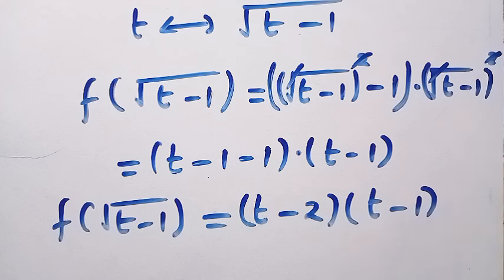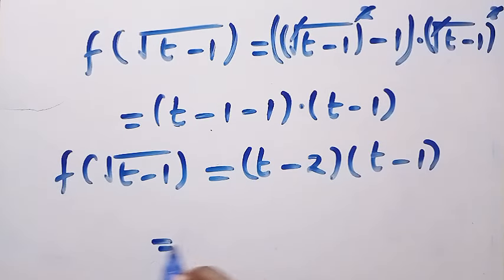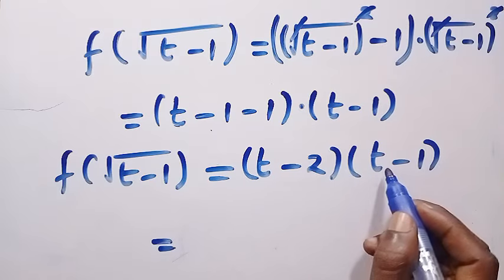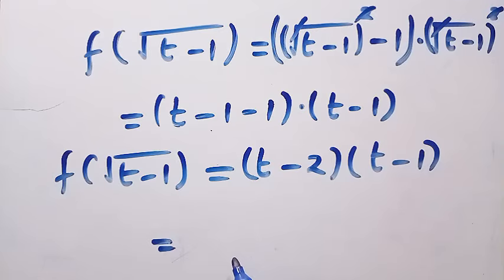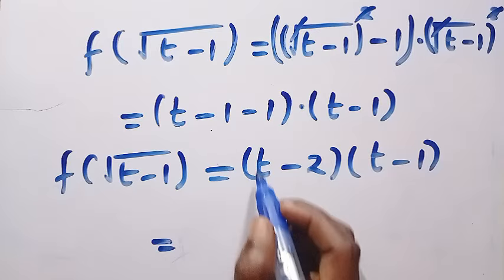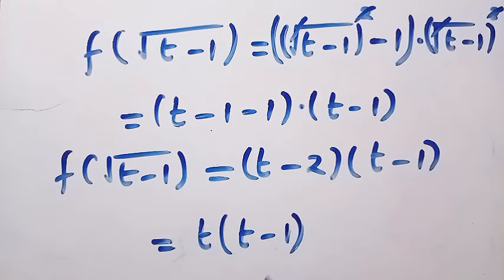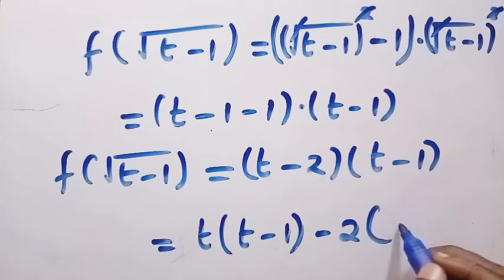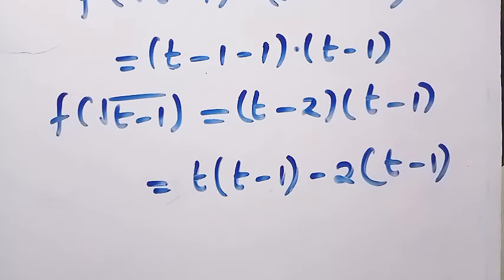We have something like 2 factors of a particular quadratic. But let's try and expand this out. When we expand this out, we are going to use t to multiply t minus 1, or we use t to multiply t minus 2. Any of the two, we get the same answer. So if I take out t, I will put t minus 1 in this bracket. Then also I will take minus 2 and put t minus 1 in the bracket. I'm showing this step by step.